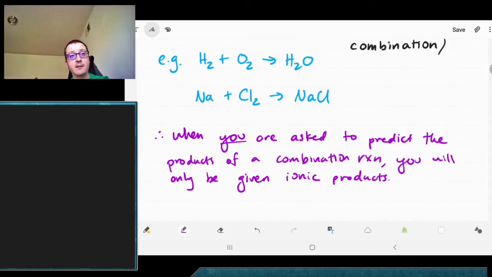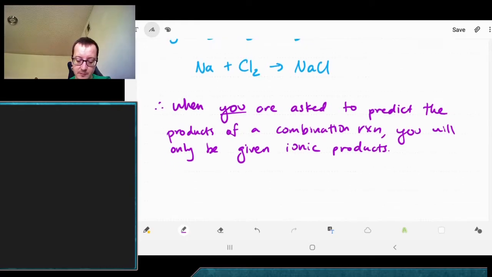So for this class, when we're looking at combination reactions, I'm only going to give you things that are going to form ionic compounds, and ones that you'd presumably be able to figure out.